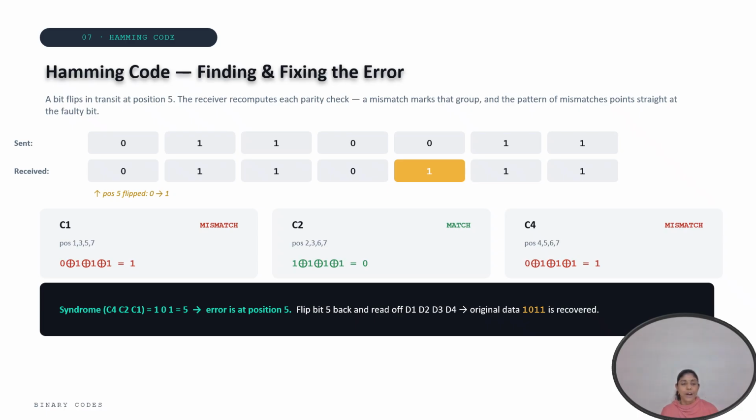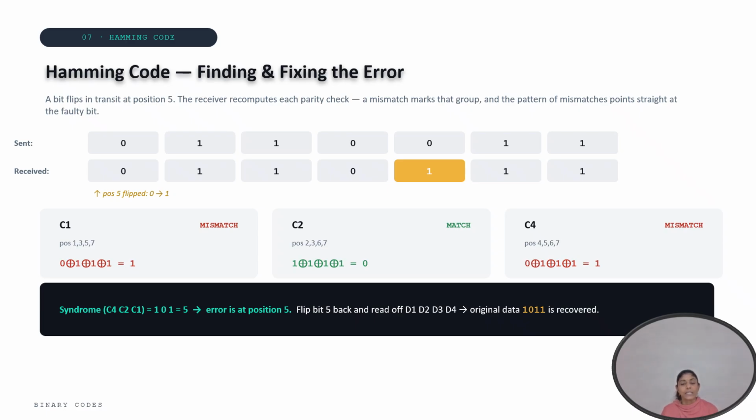So for 1, 3, 5, 7: 0 XOR with 1, XOR with 1, as well as XOR with 1. What is the value you got? Remembering the XOR table, 0 XOR 1 is 1, 1 XOR 1 is 0, 0 XOR 1 is 1. So the value is 1.